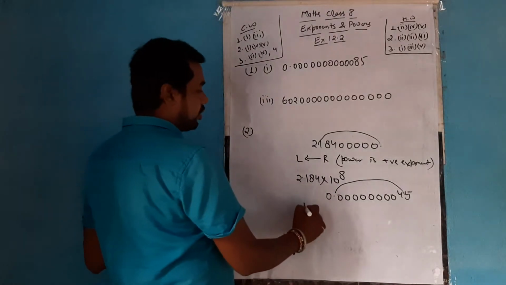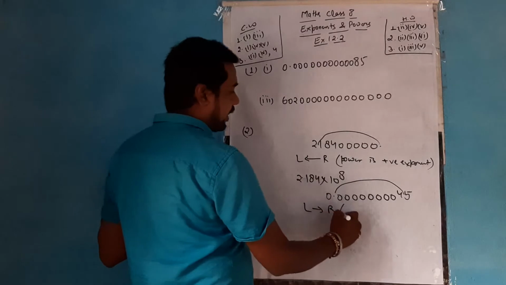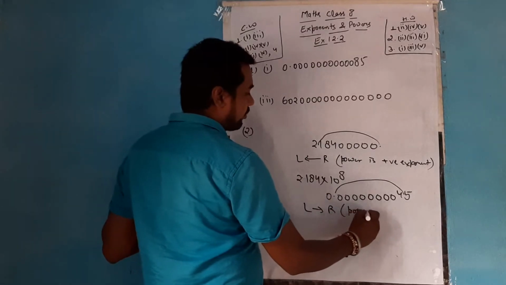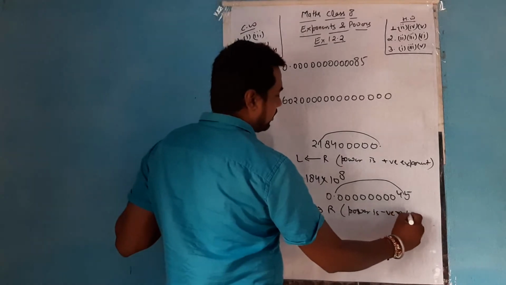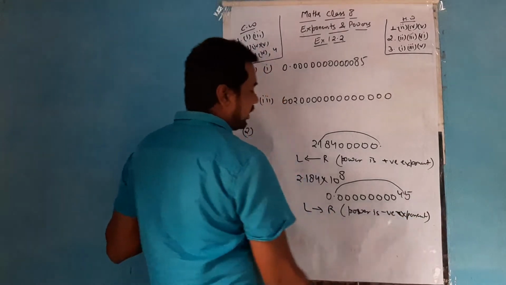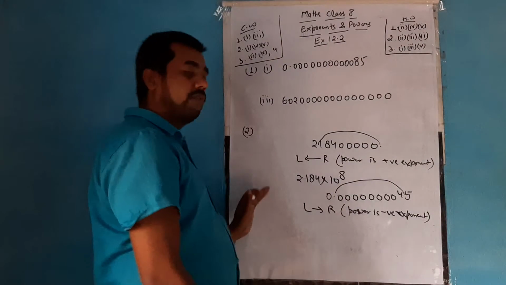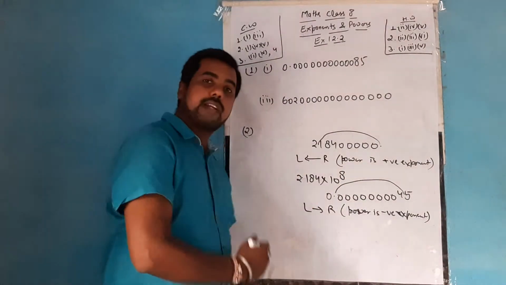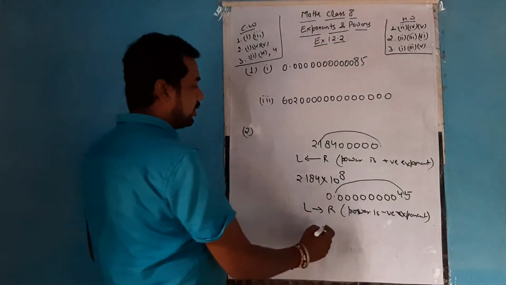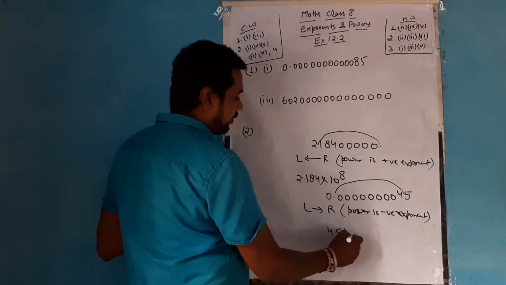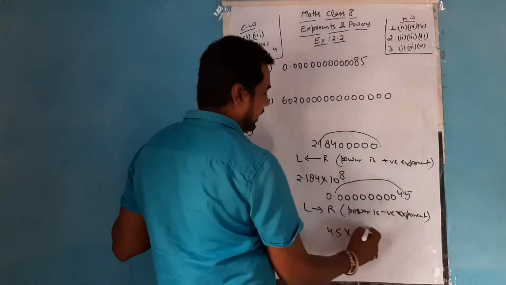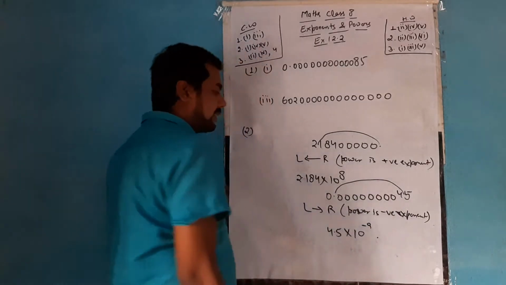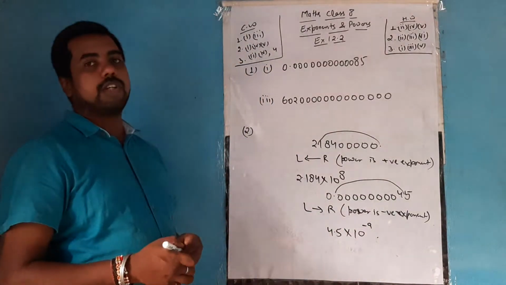So whenever you are going to shift the decimal from left to right, then the power is a negative exponent. You need to keep in mind from where you are shifting, from left to right or right to left. So here the answer will be 4.5 into 10 to the power 2, 4, 6, 8, 9, and that becomes minus 9.